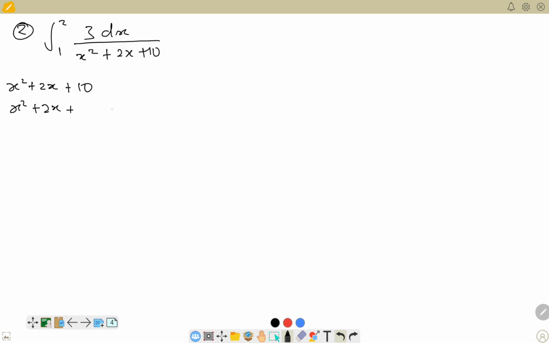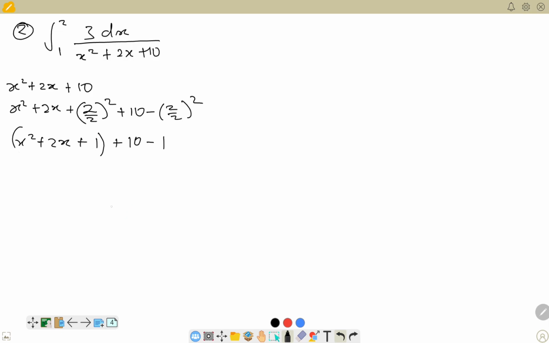Then we take the coefficient of the middle term, which is 2, divide by 2, then square it, plus 10. Then we subtract it on this side. Simplifying here, we have 2 divided by 2 squared, it's still 1, then plus 10. This side will have minus 1.